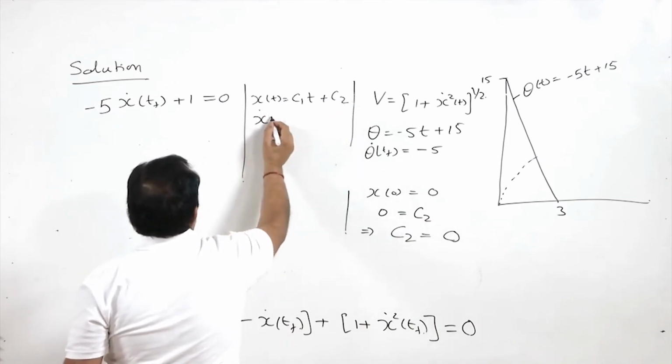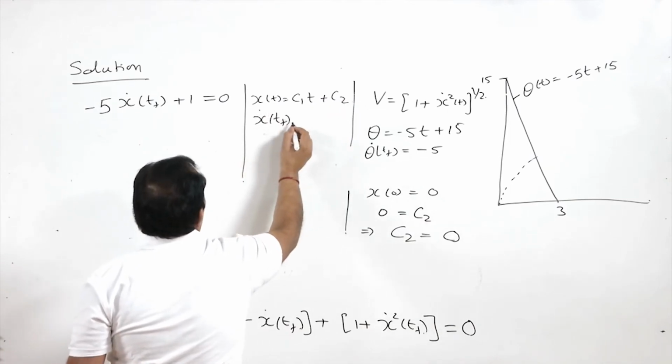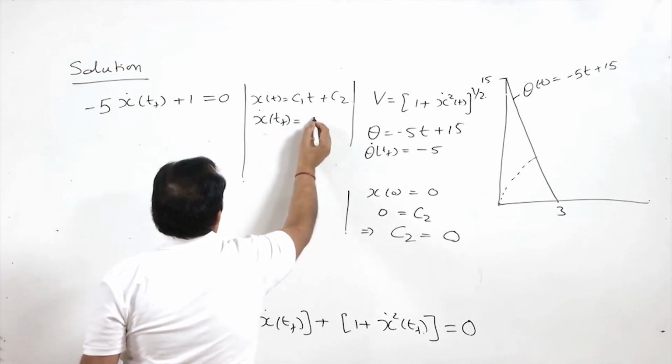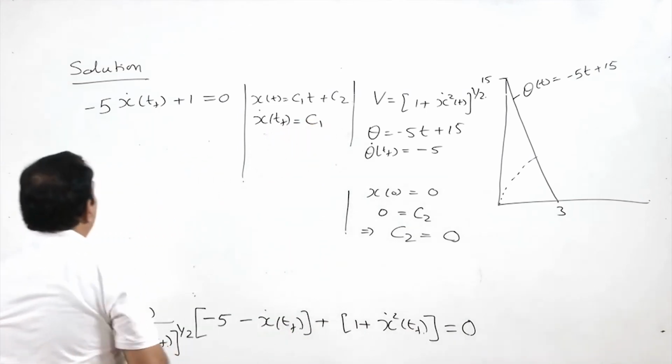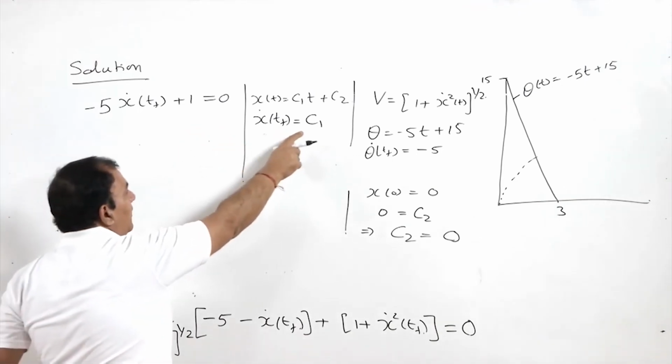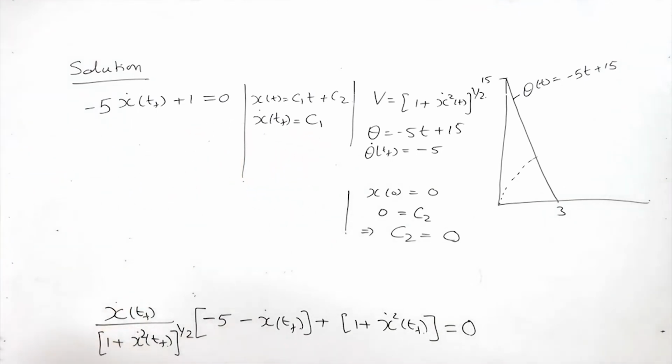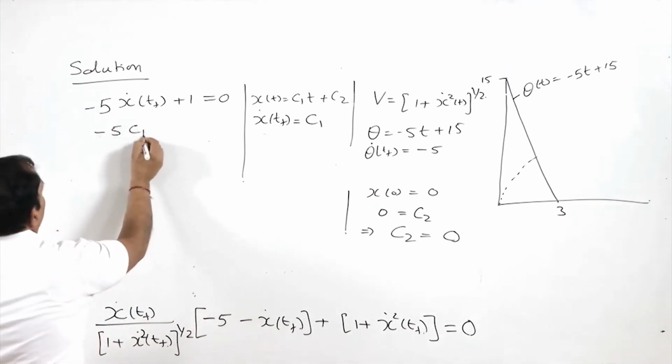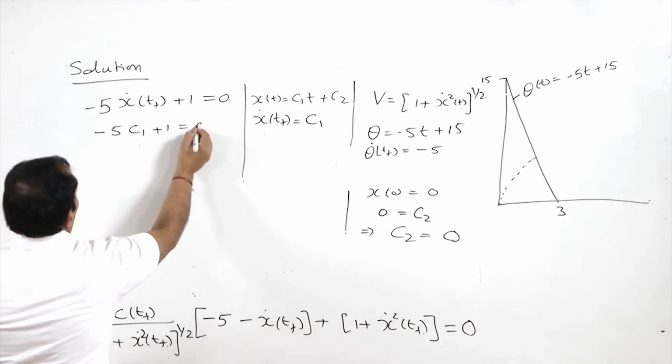So, x dot of tf is nothing but my C1. So, this is minus 5 C1 plus 1 equal to 0.